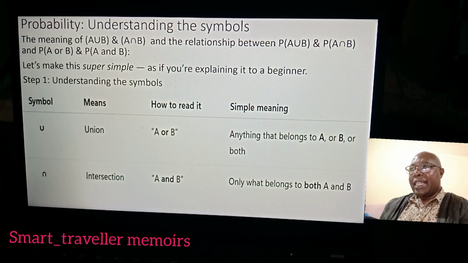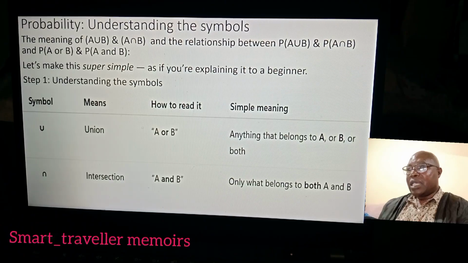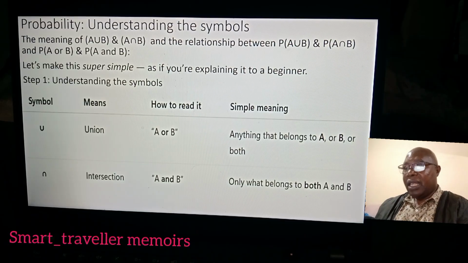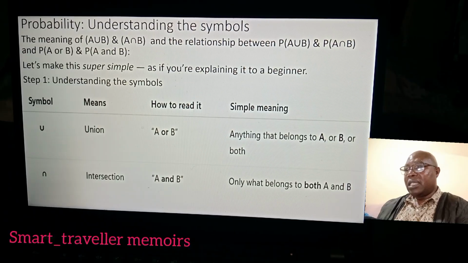I would like to make this as simple as possible, as if I'm explaining to a beginner. So let's first of all understand the symbols. The symbol U means union. A or B, that is the way you read it.